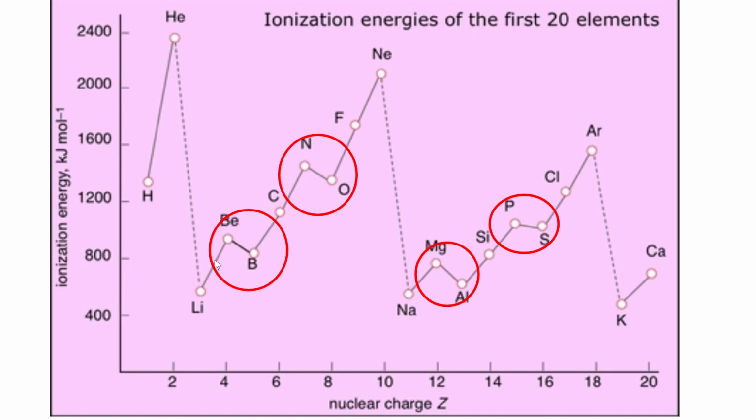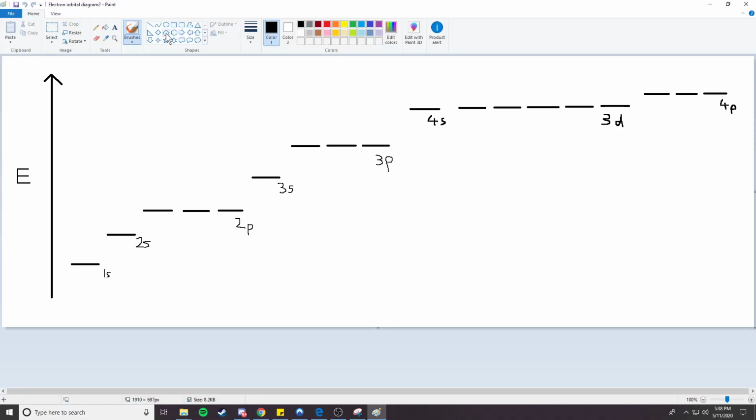Beryllium is element number 4 and boron is element number 5. So I can go to my trusty paint. I know that beryllium has got 4 electrons, and I can draw my 4 electrons on. 1, 2, 3, 4. That's nice and stable.